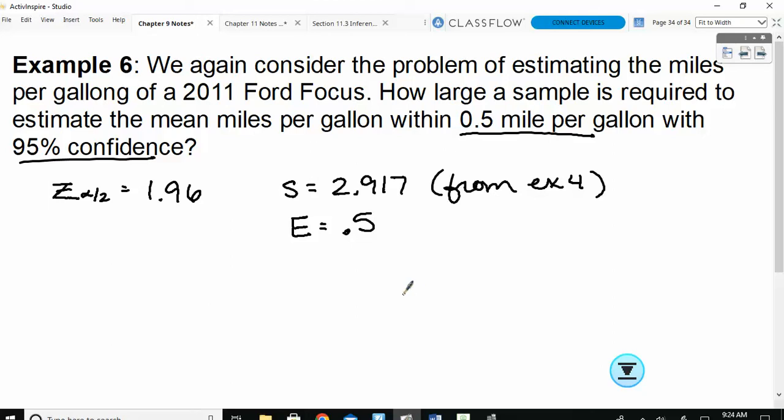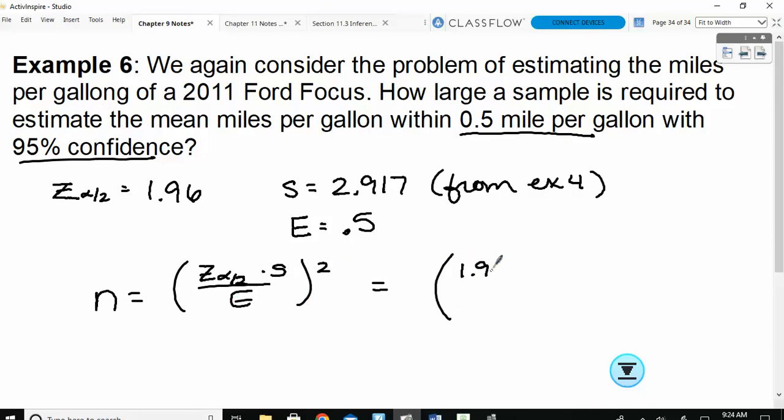We want to be within 0.5 miles per gallon. So then my formula, N equals Z alpha over 2 times S divided by E, squared. So we plug in our values. Z alpha over 2 is the 1.96 times the S, 2.917, divided by 0.5, and then we square.